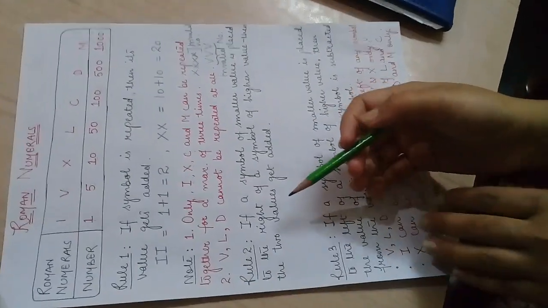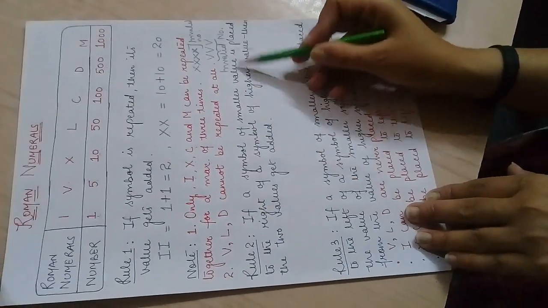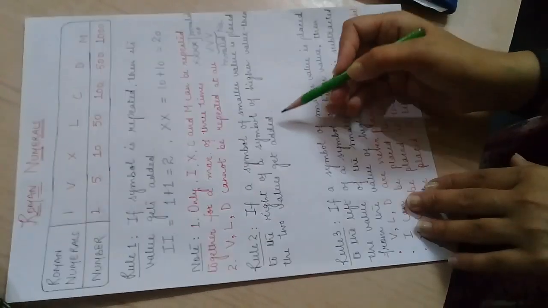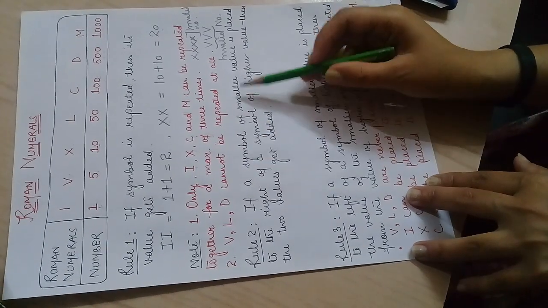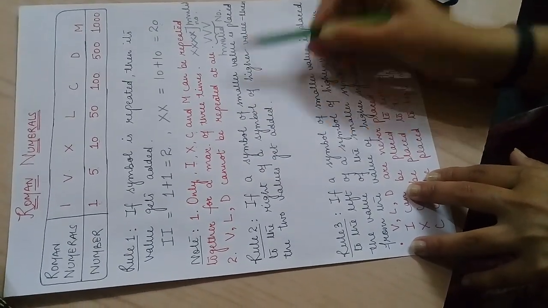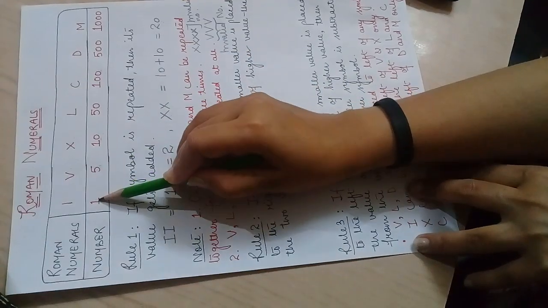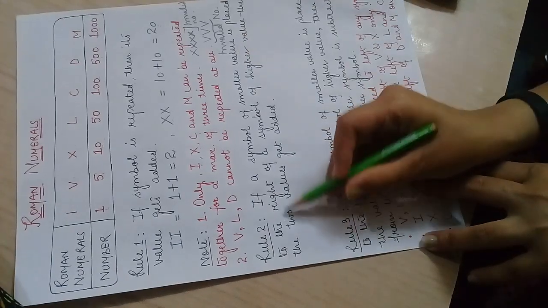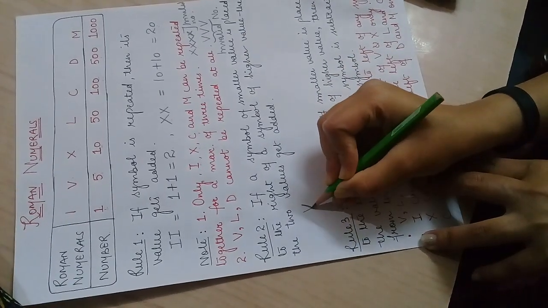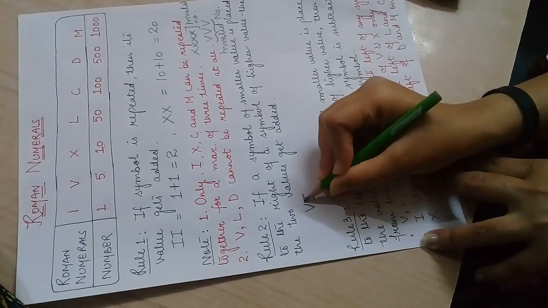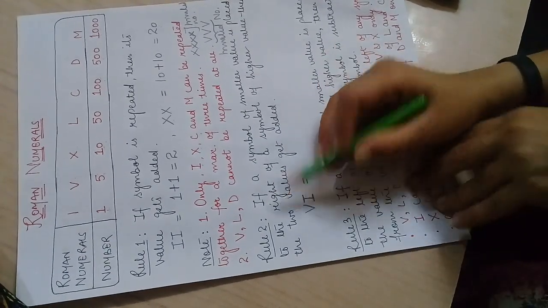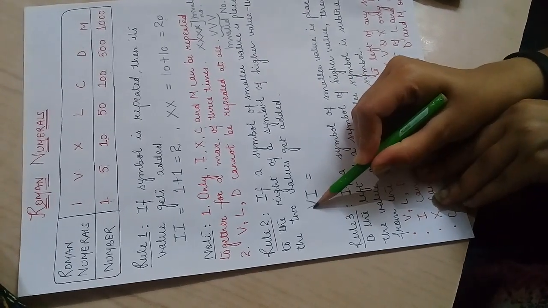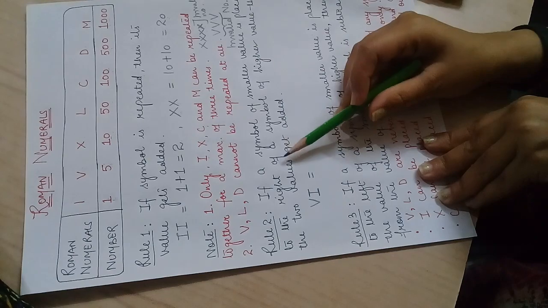Here is the second rule. If a symbol of smaller value is placed to the right of a symbol of higher value, then the two values get added. Here I is smaller than V, so if the smaller value is placed to the right of the higher value, we get VI.